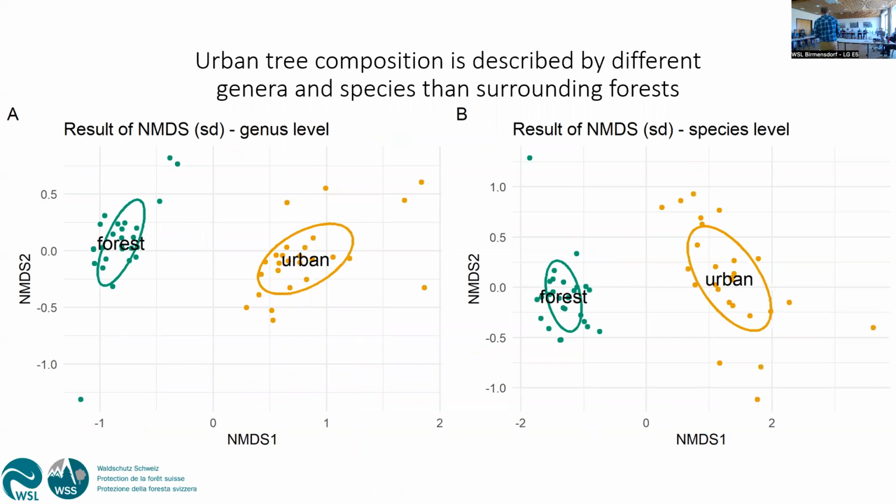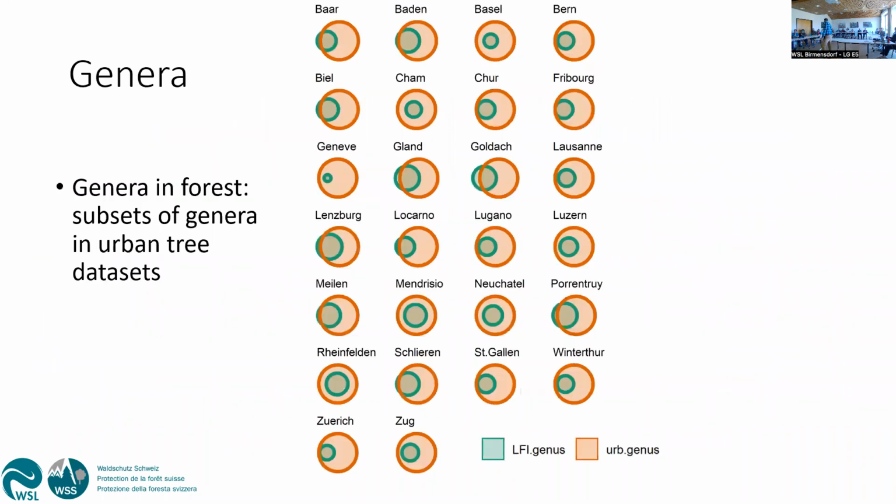What's also interesting is that forest tree composition and urban tree composition are described by very different species and genera. So you really see how these NMDS are really nicely separated. There's no overlap whatsoever, and that's also interesting to see, that they are really different, right?